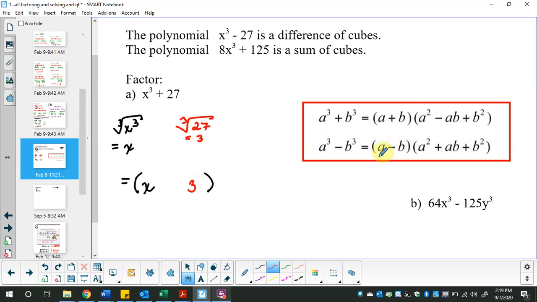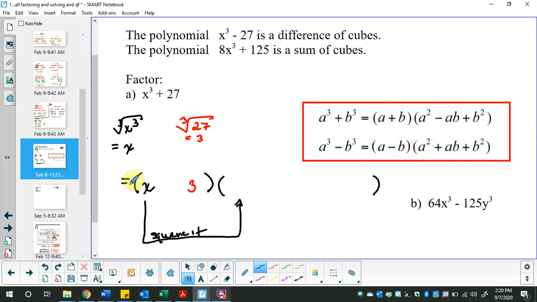So now my scribbling begins to create the trinomial size bracket at the back. Let me leave some space. I hope it's enough. I take this thing and put it there, but in order to do that, I have to do what's in this box, which is take that and square it.